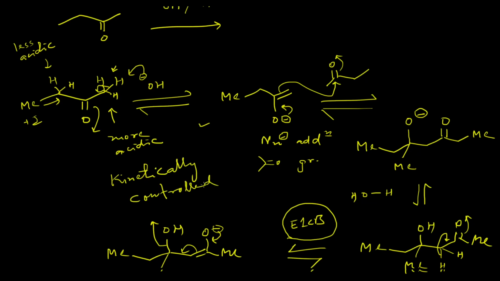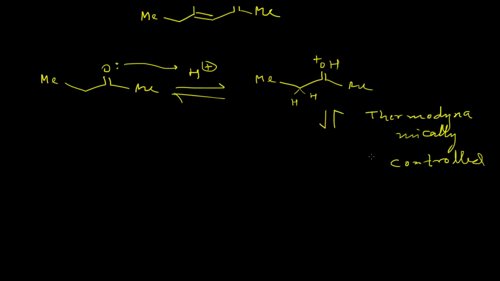We all know that the more stable product is formed during a thermodynamically controlled situation. Here you can easily understand that this double bond which is formed after enolization is less substituted. Then I will show you which enol is actually formed. If this hydrogen forms the double bond, then we will get this particular enol.